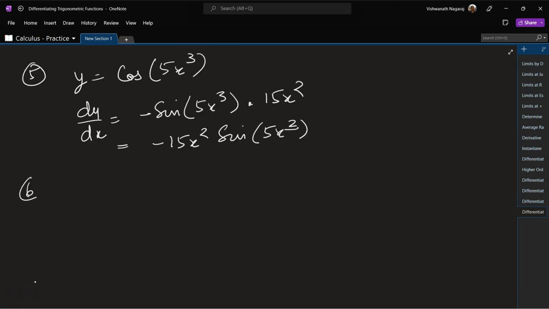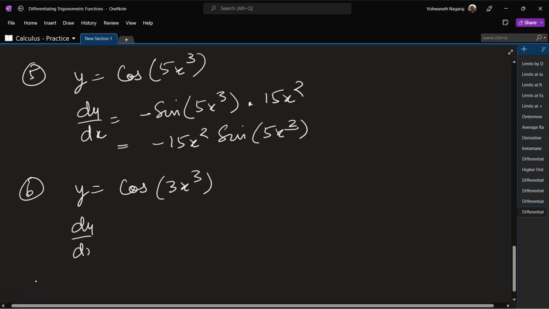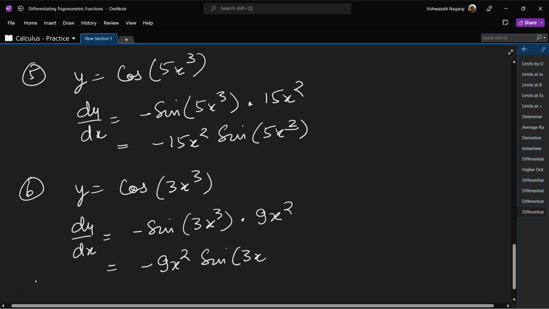Okay, sixth one, y is equal to cos of 3x cubed. dy by dx is equal to minus sine of 3x cubed times 9x squared. So minus 9x squared times sine of 3x cubed.